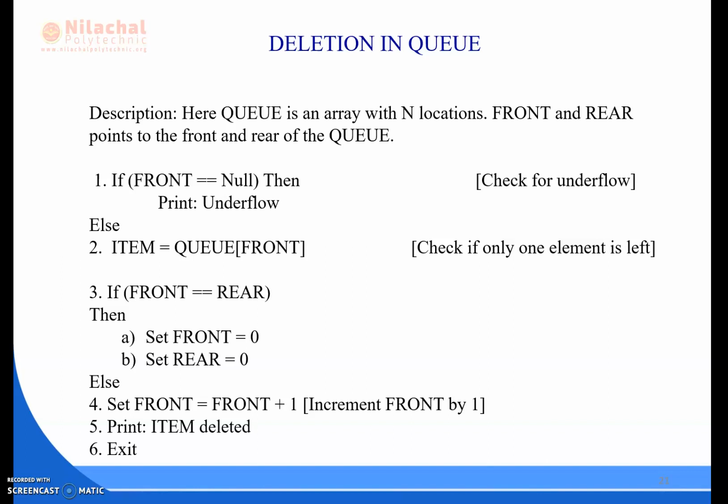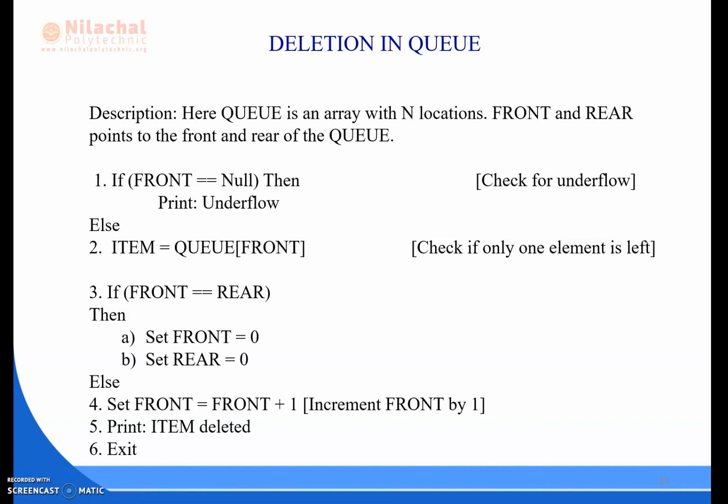So the queue front is assigned as item and we need to delete this item. At the 3rd step, if front is equal to rear, then we need to set front equal to 0 and rear equal to 0.